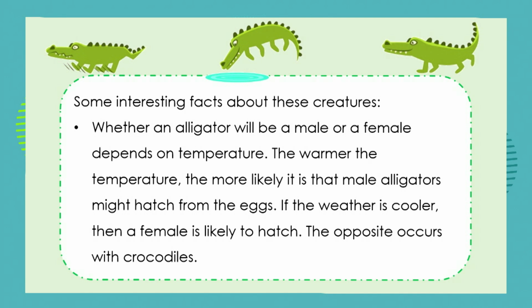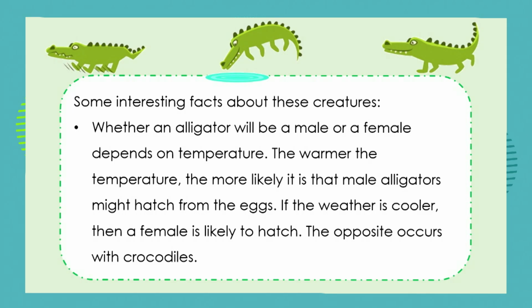Some interesting facts about these creatures: whether an alligator will be a male or a female depends on temperature. The warmer the temperature, the more likely it is that male alligators might hatch from the eggs. If the weather is cooler, then a female is likely to hatch.